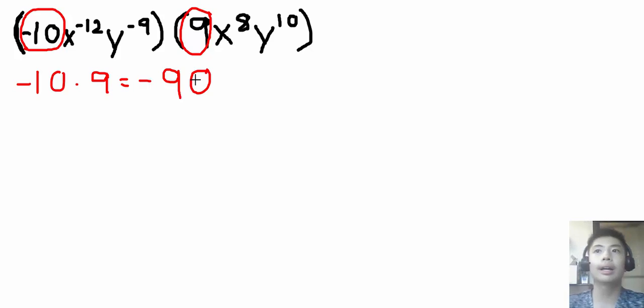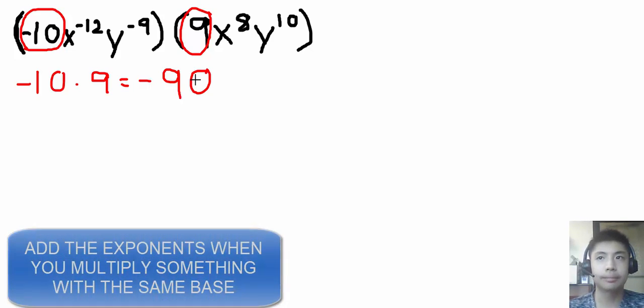Next, we have to multiply the x to the -12 power and x to the 8th. In order to multiply those, we need to add the exponents.